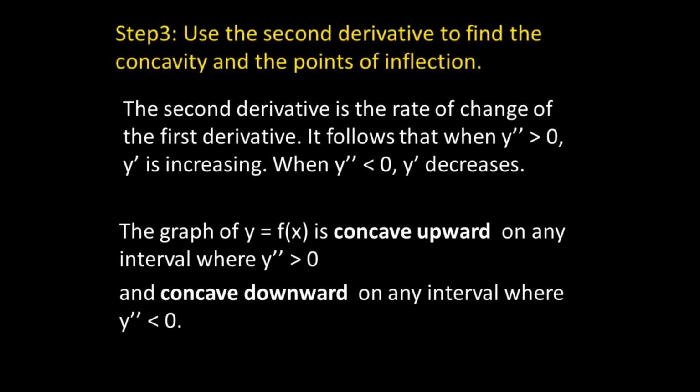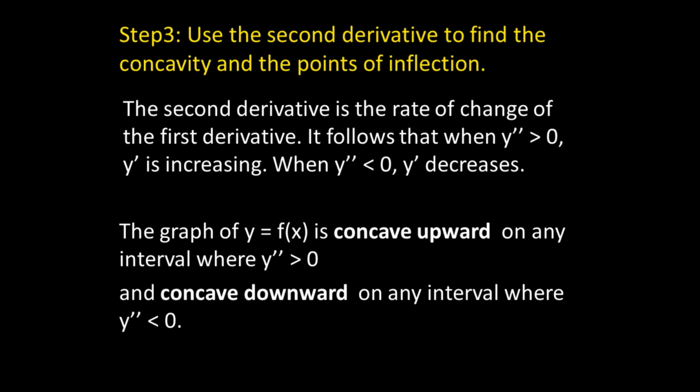Step 3. Use the second derivative to find the concavity and the points of inflection. The second derivative is the rate of change of the first derivative. It follows that when the second derivative is greater than 0, the first derivative is increasing. And when the second derivative is less than 0, the first derivative decreases.